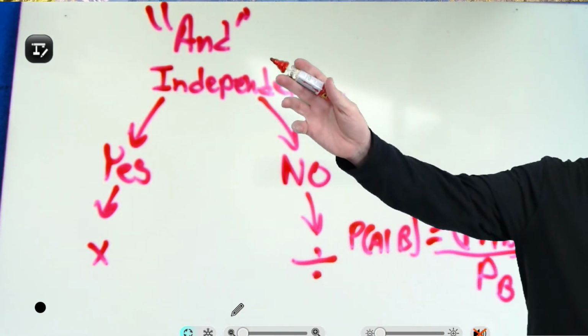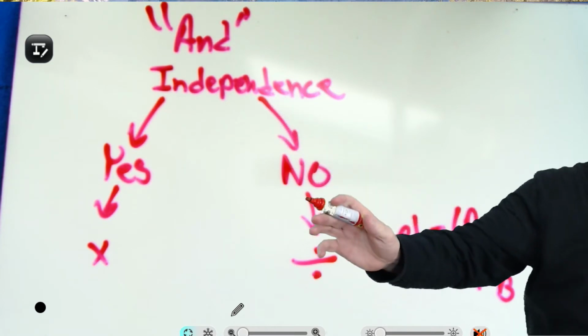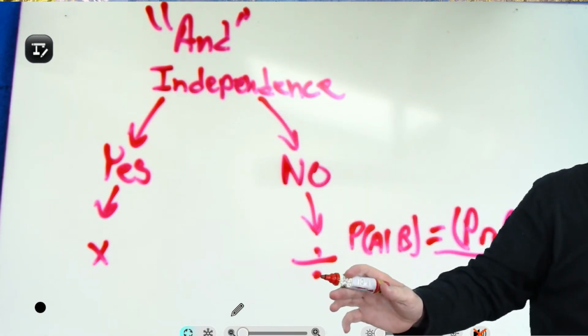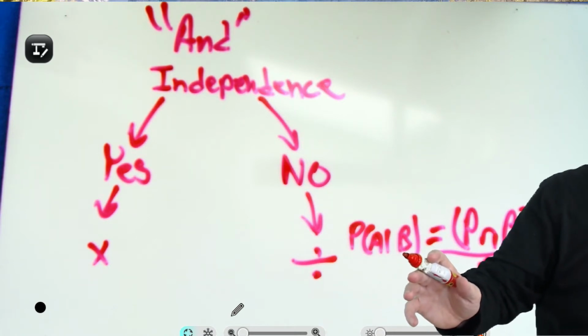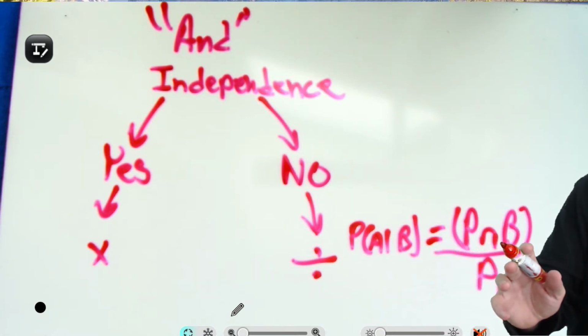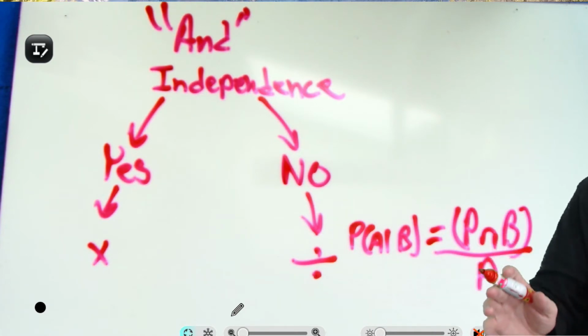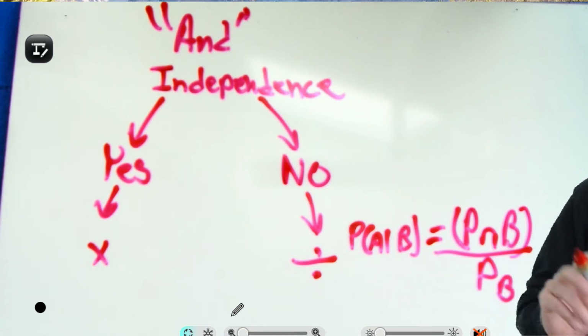If you say AND, is it independent? No, then you're going to divide. The formula is the probability of A given B equals the probability of A and B taking place divided by the probability of B taking place. So again, it's divide.